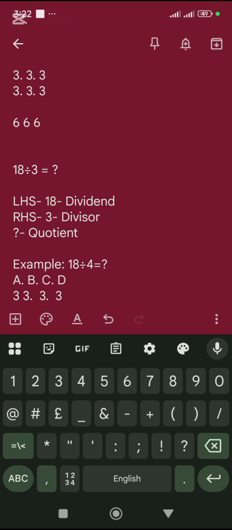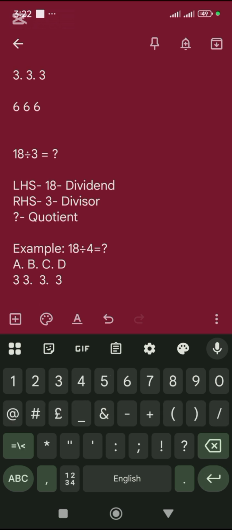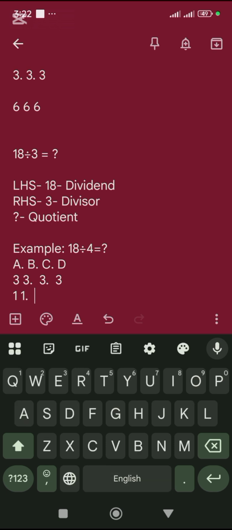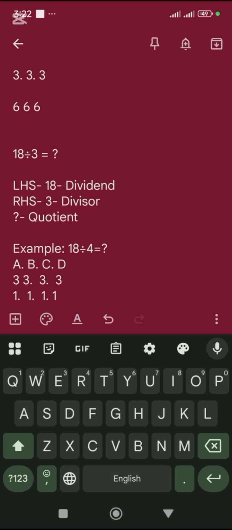From 18, we can still have 13, 14, 15, 16. So we can have each group receiving an additional 1.